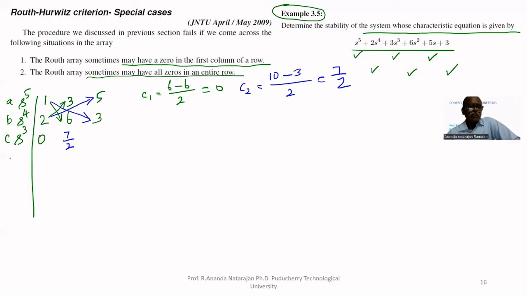So we cannot proceed further. You cannot find the s square row because we have to divide by this number. That's why we cannot proceed.